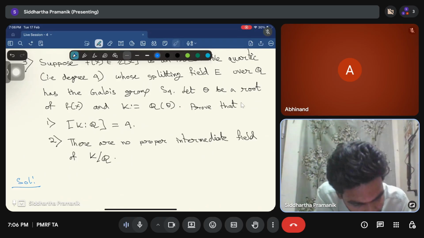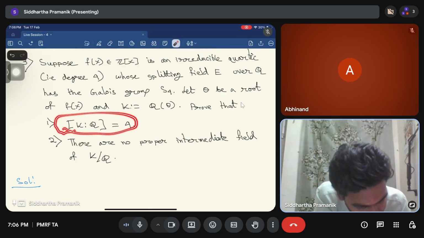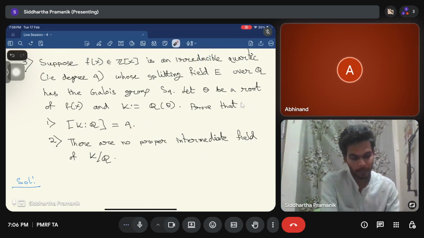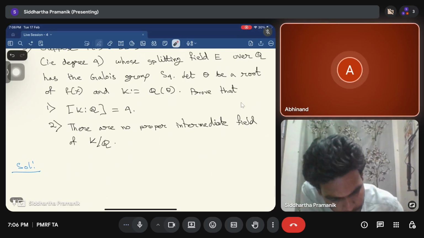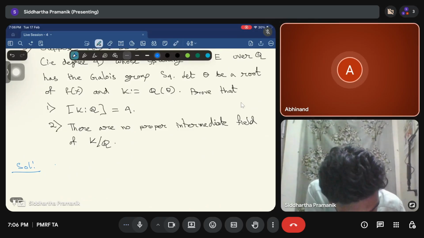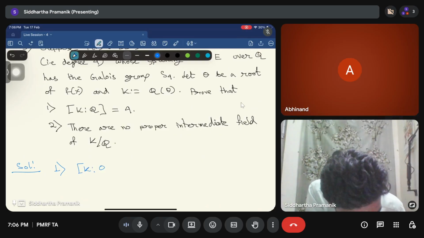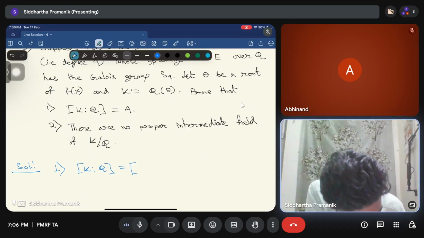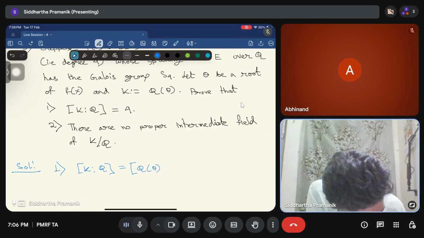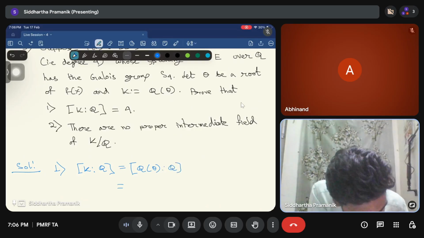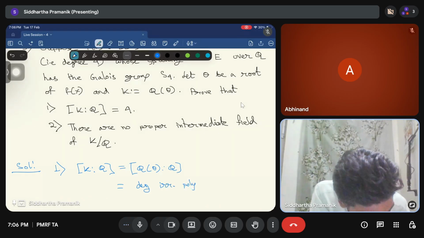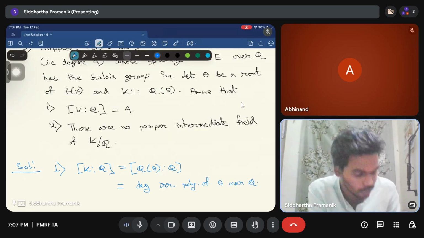So the first part is fairly easy. Can you see why? We are taking a root of a quartic polynomial. K over Q is basically the degree of Q(theta) over Q. So this is basically the degree of the irreducible polynomial of theta over Q. But what is the irreducible polynomial of theta over Q?